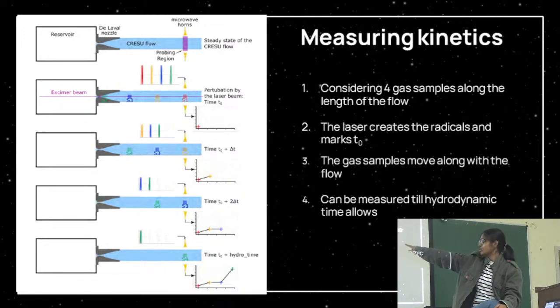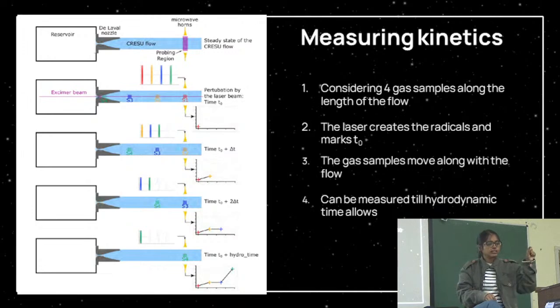So when it measures S2, S2 will give you a higher concentration. Similarly, the next step. And finally, you measure what was at the nozzle. So you're still limited by your hydrodynamics. The time you have for a measurement is the time the gas that was in the nozzle takes to come to the detector. So that sample should have the highest concentration.